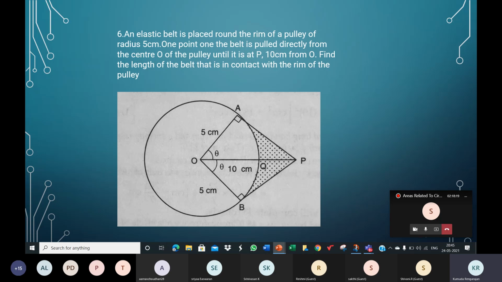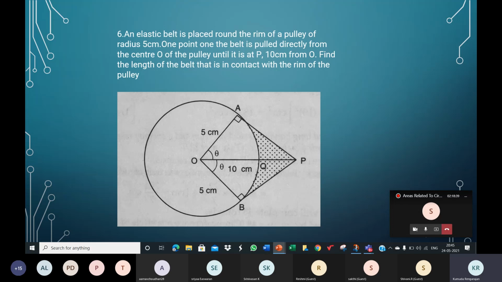An elastic belt is placed around the rim of a pulley of radius 5 centimeters that you see on the screen. One point on the belt is pulled directly away from the center O. That word away is missing, which makes it not clear to understand.